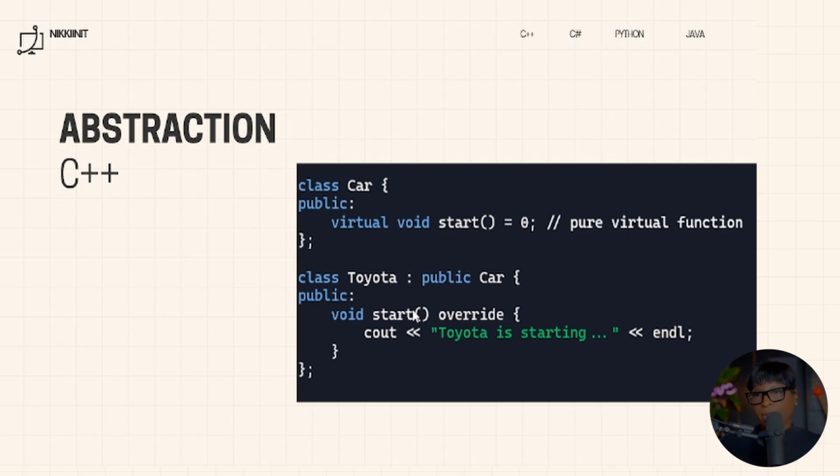Now, if we pay a little bit closer attention to the code, when you're using abstraction, you need to have virtual functions, right? And if we look here, if a virtual function is equal to 0, then it's a pure virtual function.